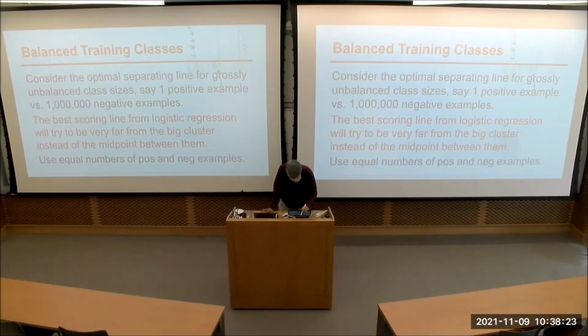Generally speaking, under the logistic regression criteria, if you have unbalanced examples of one positive and a million negative, the line is going to hug.